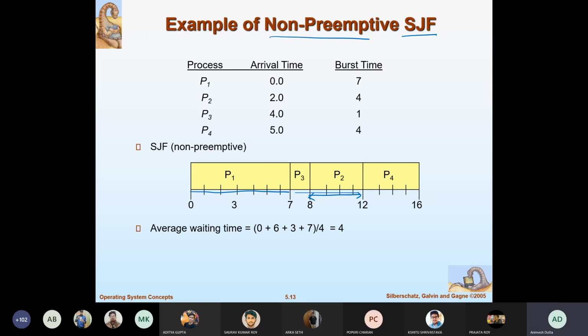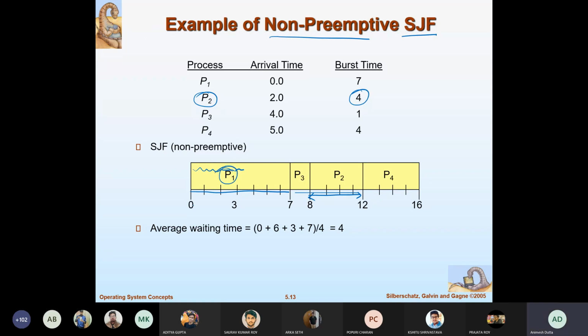The other one can be: while P1 is in the execution state, a process arrives in the system whose burst time is less than the required burst time of P1.